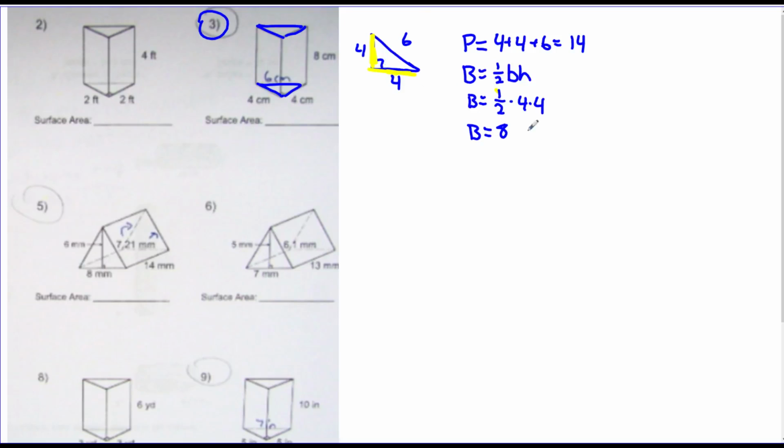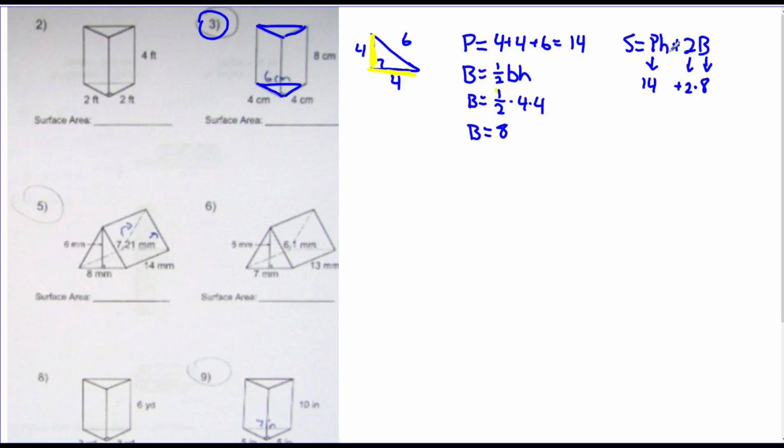The height, oh, I should write down my formula so I have something to reference. Surface area of a prism, Ph plus 2B. That's on your formula chart. So we got perimeter of the base, which is 14. Area of the base, that's 8. 2 is just the number 2.